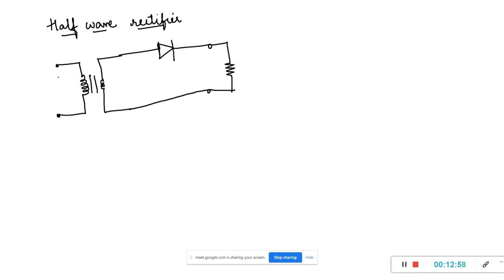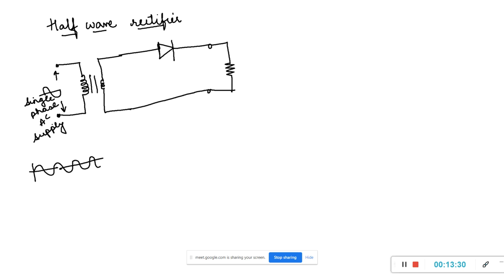Next, here what we are applying, students? Here we are going to apply single phase AC supply at the input side. AC is like this, alternating current.